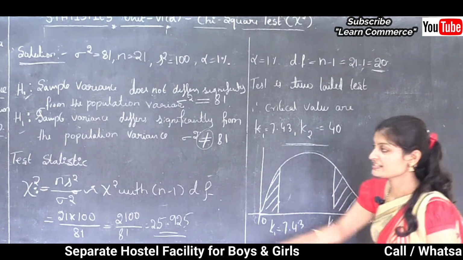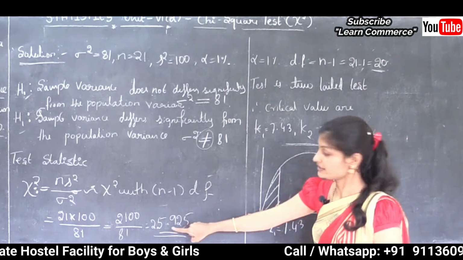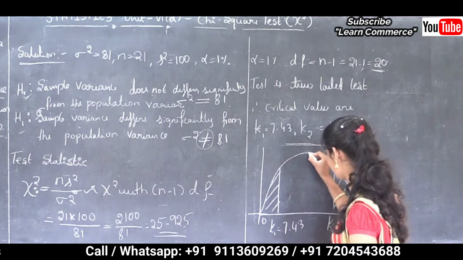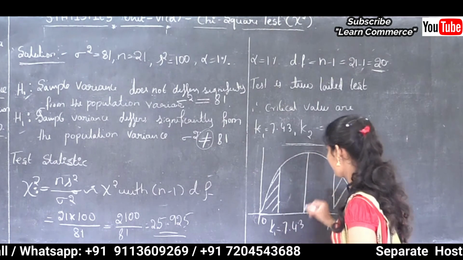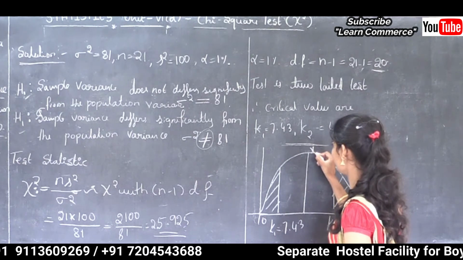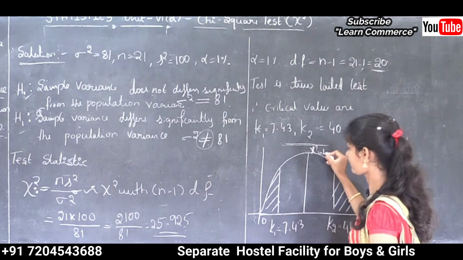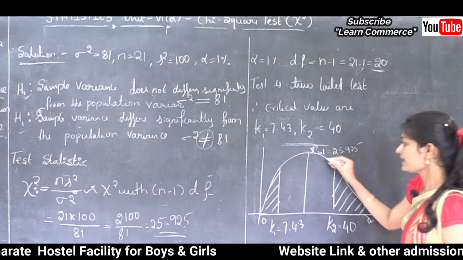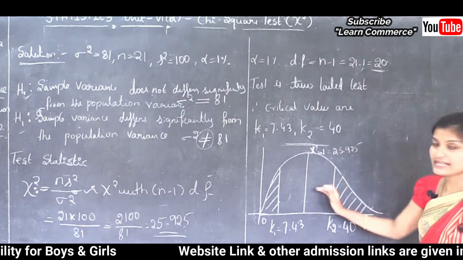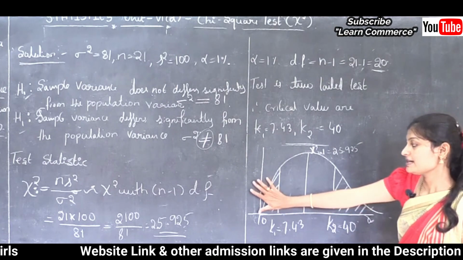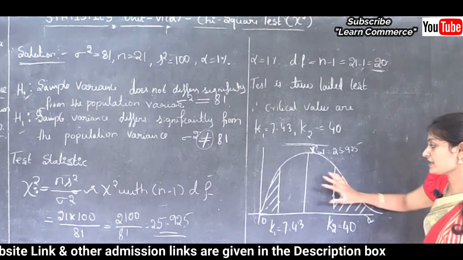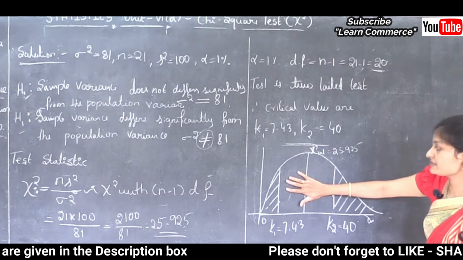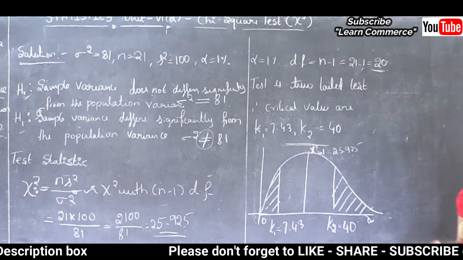The calculated value is 25.925, so it comes here. The calculated value lies in the acceptance region, therefore H naught is accepted.